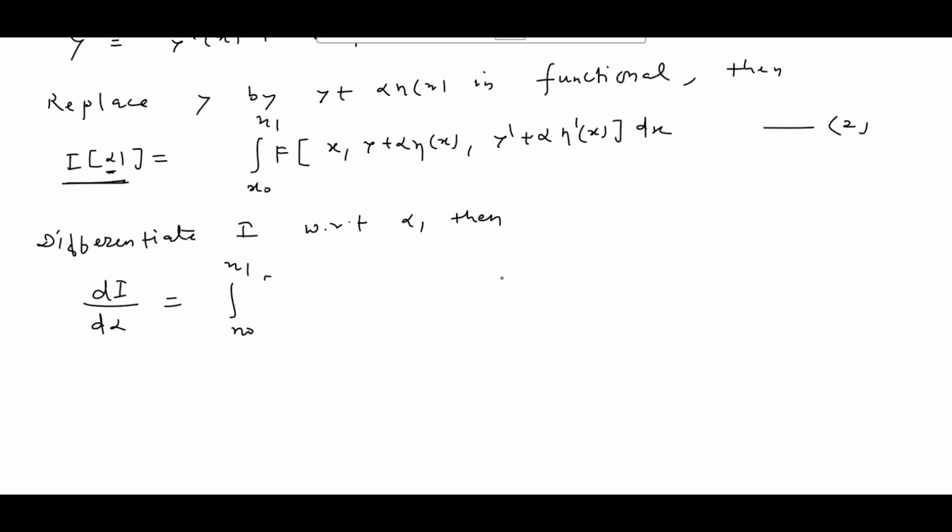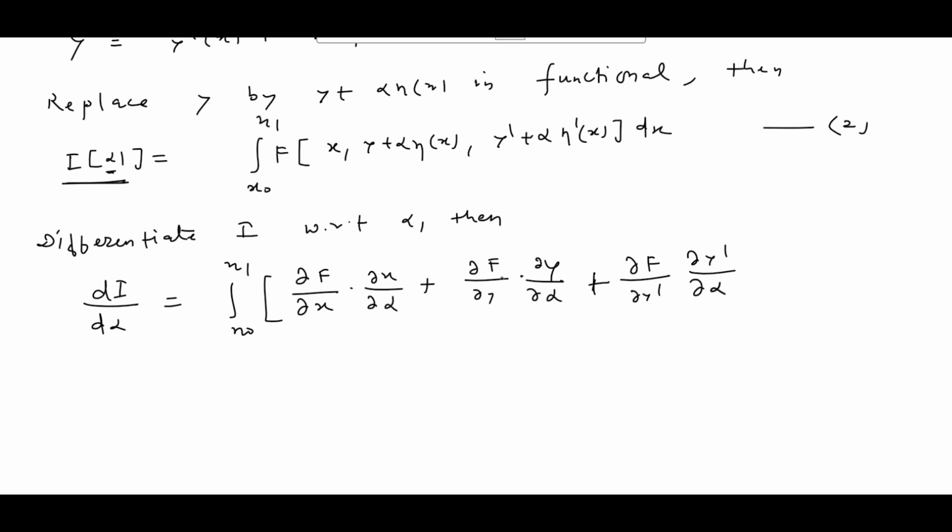So we apply the chain rule: del f over del x times del x over del alpha, plus del f over del y times del y over del alpha, plus del f over del y dash times del y dash over del alpha, dx.